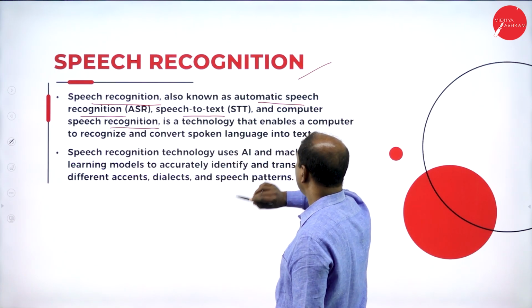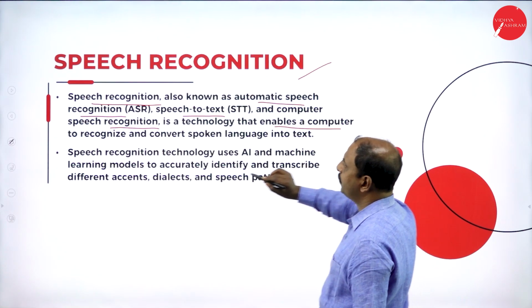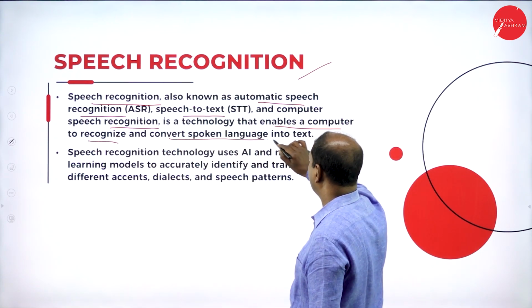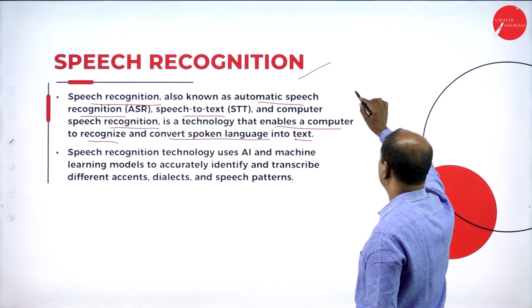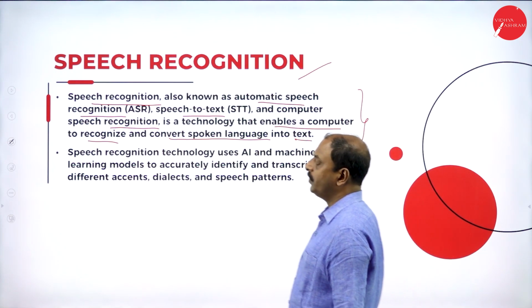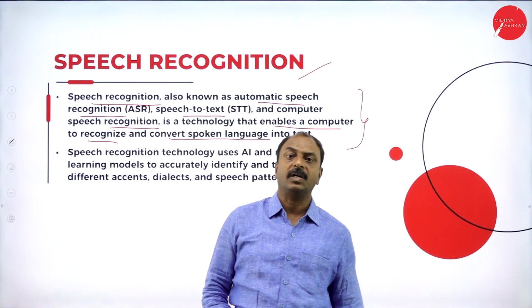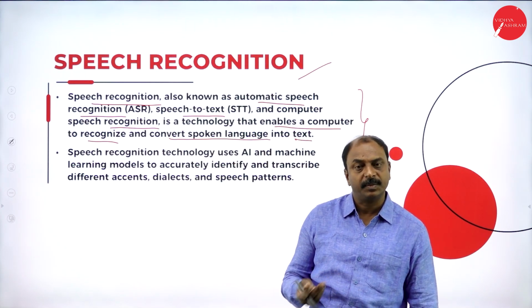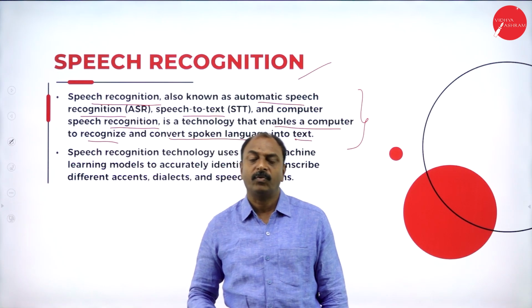It is a technology that enables computers to recognize and convert spoken language into text. See, these are a few examples you may come across while using our mobile system. Whenever we would like to send a text message, we can send it through a voice message.